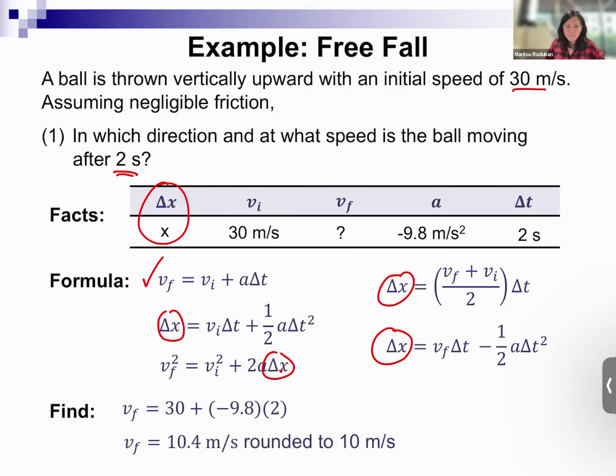So you use that to find the final velocity, 10.4 meters per second, rounded to one significant figure because the least number of significant figures here is 1, giving 10 meters per second, consistent with the illustration we saw in the previous slide.